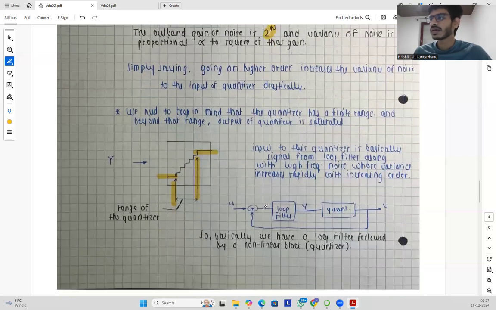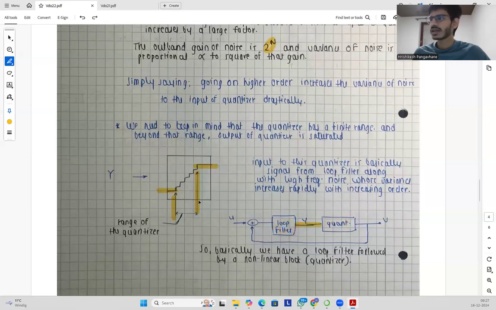So we have the loop filter, we have Y, we have seen Y. Y is basically the main signal with noise riding over that main signal. And the variance of that noise is increasing very rapidly with the increasing order of the modulator. So we have this loop filter, followed by a non-linear block, which is the quantizer.